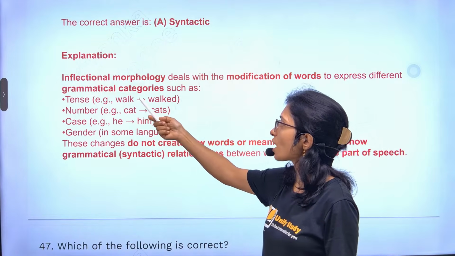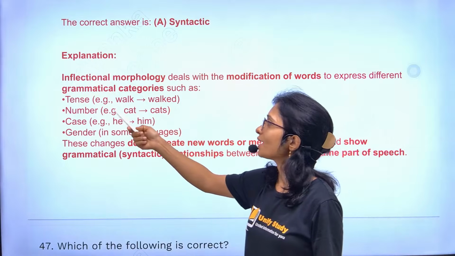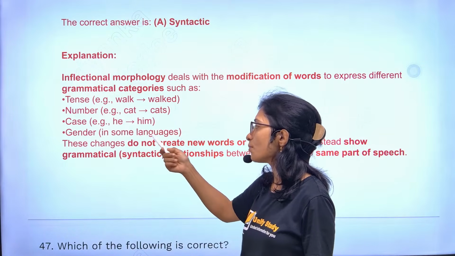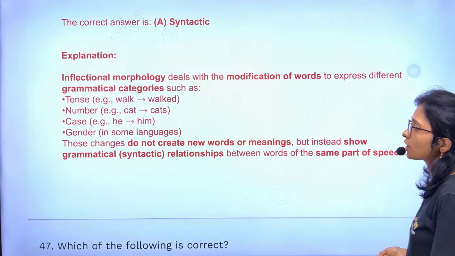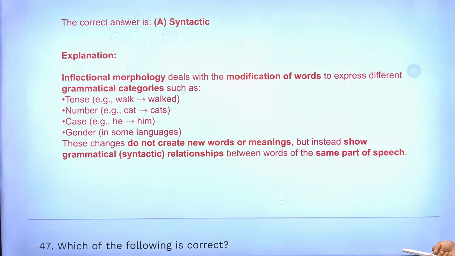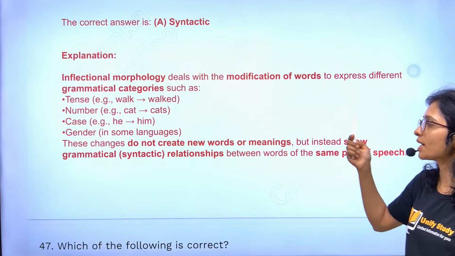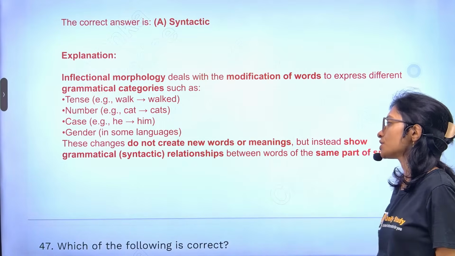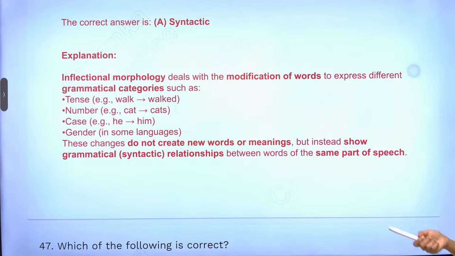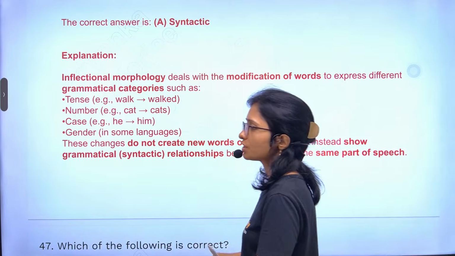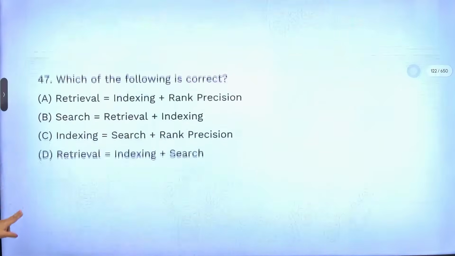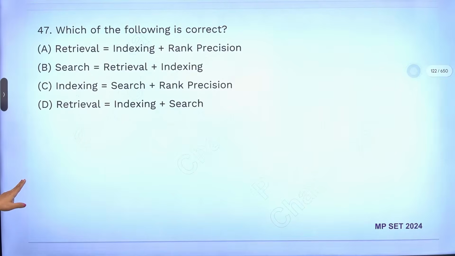Tense means like work will be changed to worked. Number like cat, cats. Case, he, him. Gender, in some languages. So these changes do not create new words or meaning, but instead show grammatical, that is syntactic, relationships between words of the same part of speech. This is called inflectional morphology. It is a topic of NLP. NLP is a very important topic. This question came from here only.